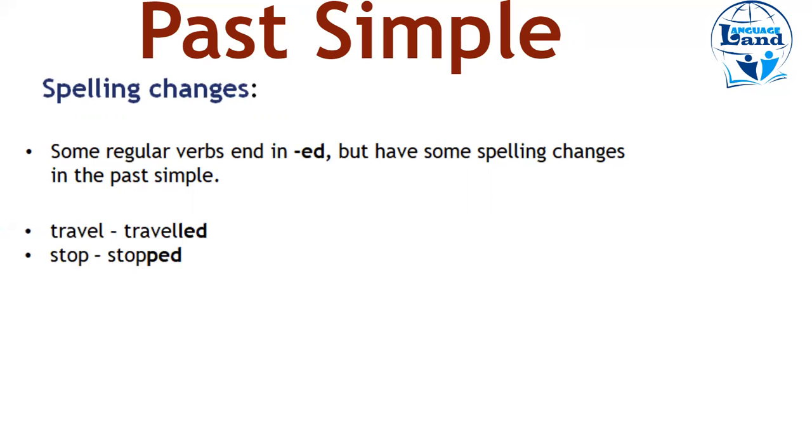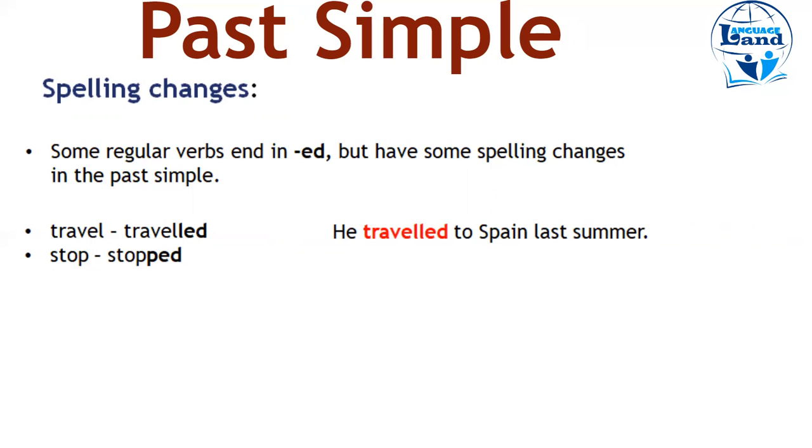For example, the verb travel will double the L at the end before adding ed, or the verb stop will double the last letter P because of the closed syllable of the verb. For example, he traveled to Spain last summer.